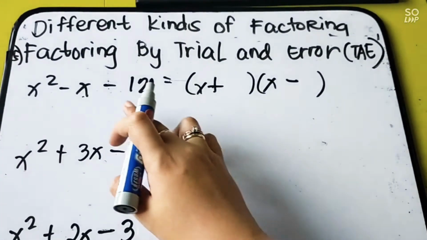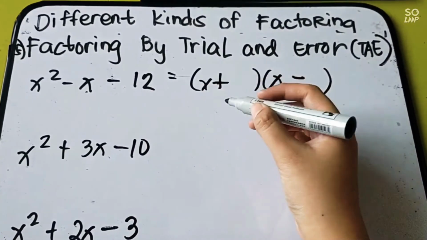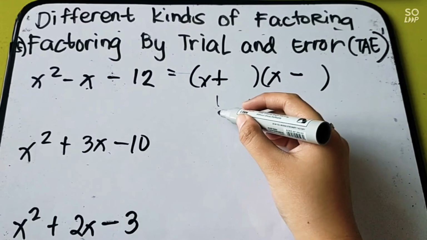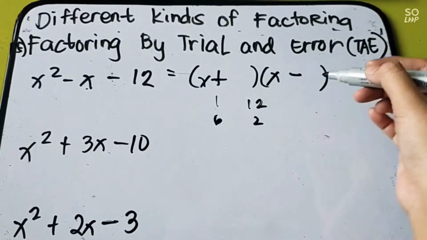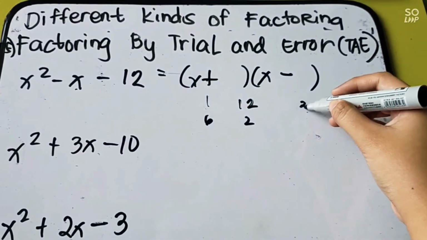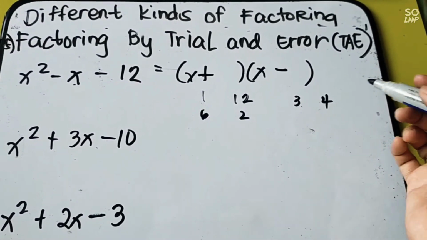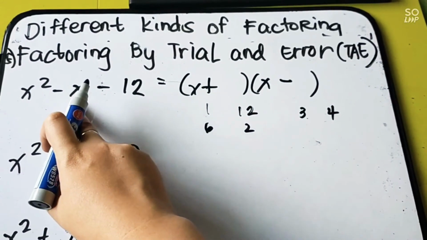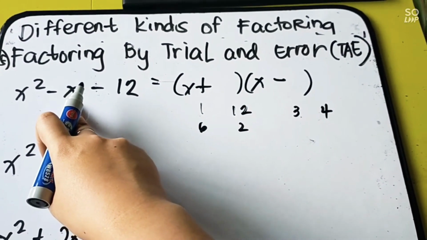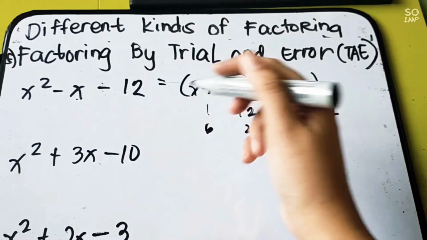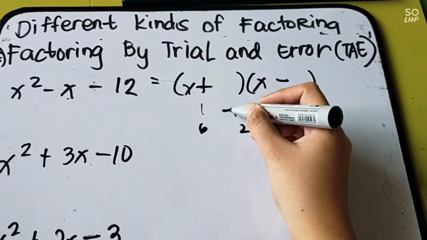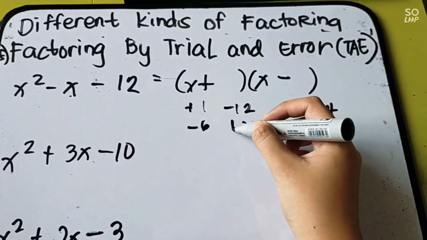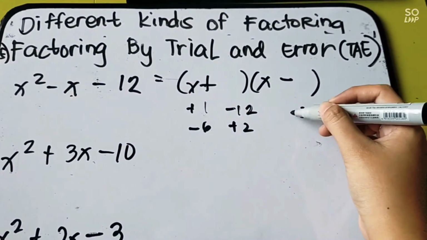Is it clear? So, we have here 12. Let us list the factors of 12. We have 1 and 12, 6 and 2, and then 3 and 4. Now, one needs to be positive and one negative. Since the middle term is negative, the highest number must be the negative one. Since the highest number is 12, this is negative and this is positive. This is negative, this is positive. This is negative, this is positive.